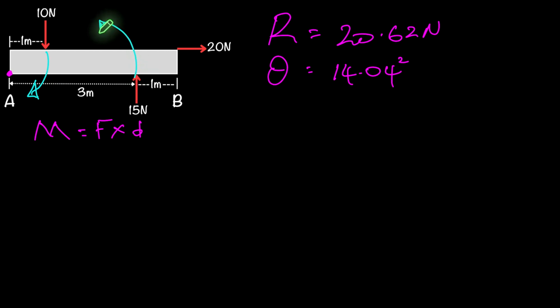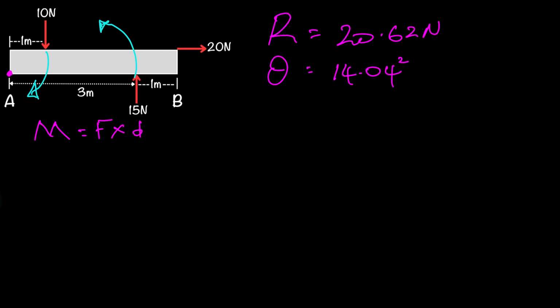And the 20 newtons, it's horizontal to the point A. So that force, it does not create a moment because there is no perpendicular distance to its line of action. So the moment of that 20 newtons will be 0.